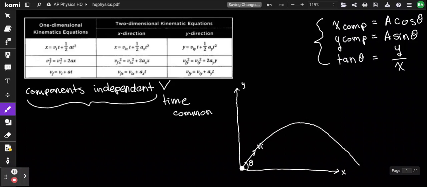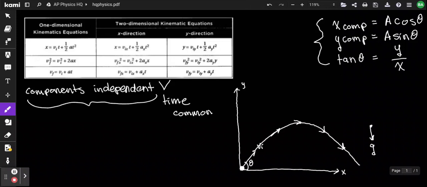At each of these positions, our ball has a new total velocity. The reason for that is that we have a vertical acceleration pointing downwards, which is our gravity. However, in our x direction, we have zero acceleration.